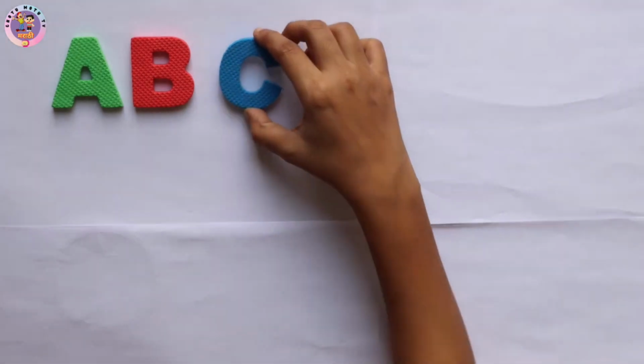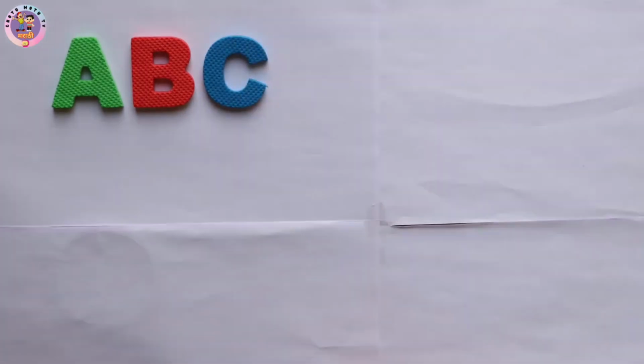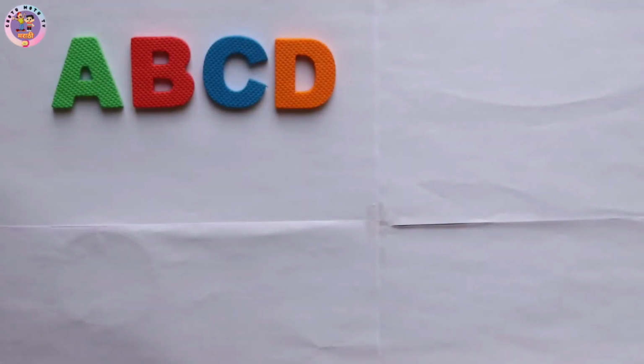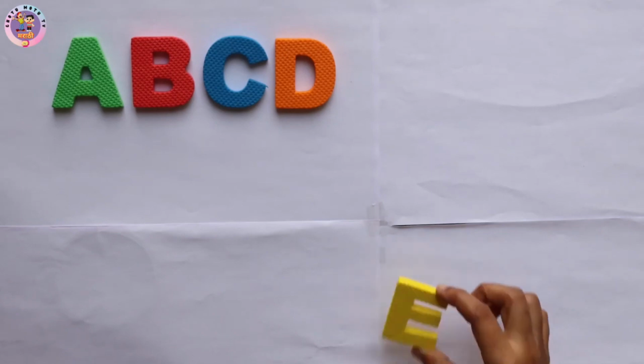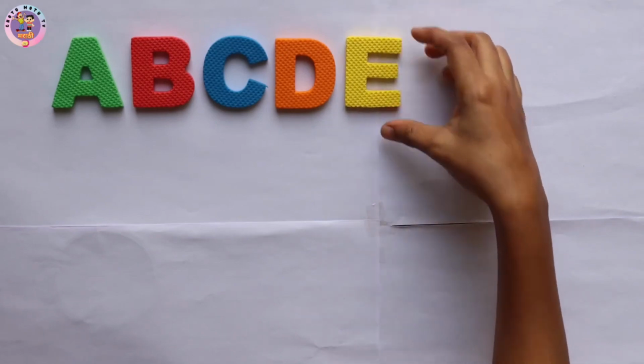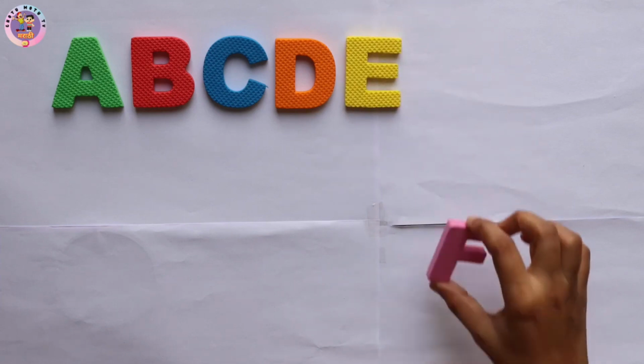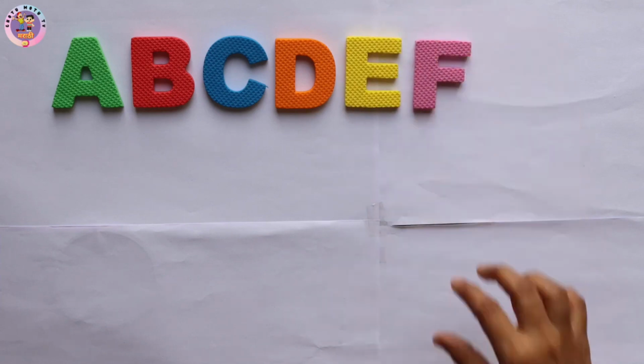C for car. D for dog. E for elephant. F for fish.